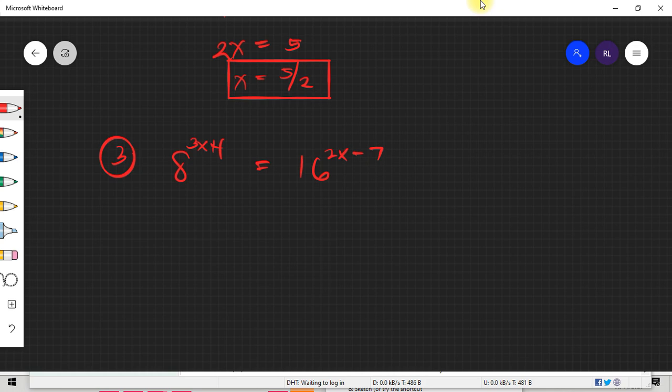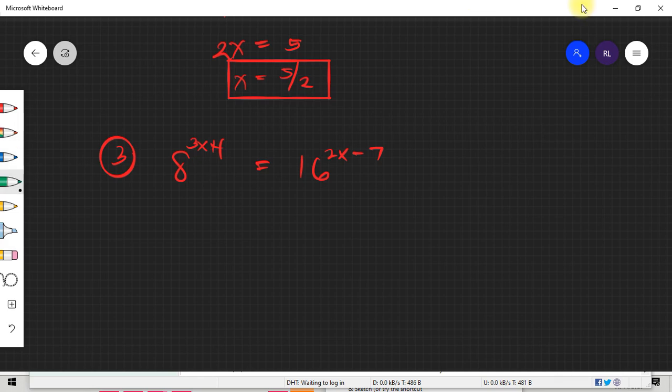So what is x? Obviously we cannot make 16 as base 8. This is the problem here. We cannot make 16 as 8 raised to something. But we can make them into the same base.